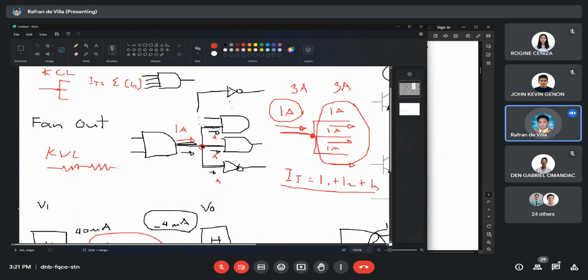So if this is like your load connected to, let's say, your battery, voltage 1, voltage 2, and voltage 3 is equal to the voltage total.